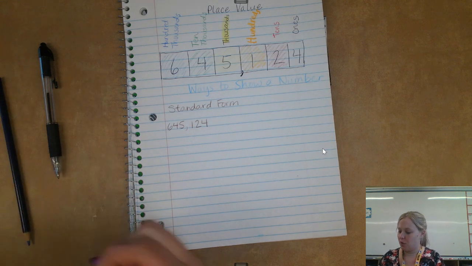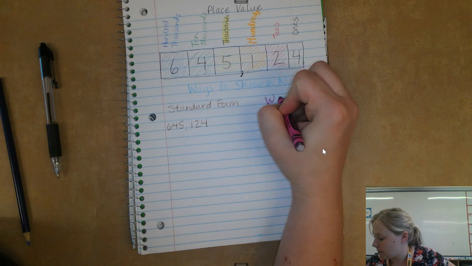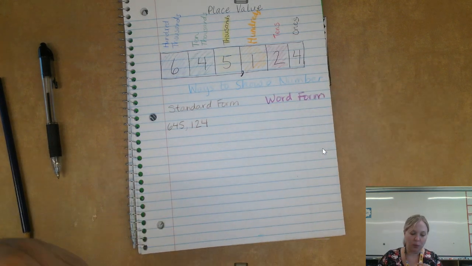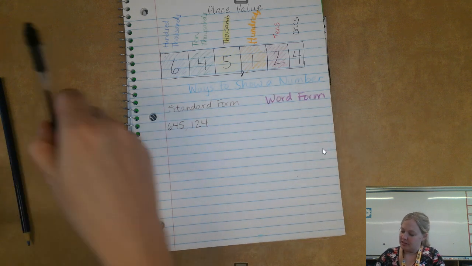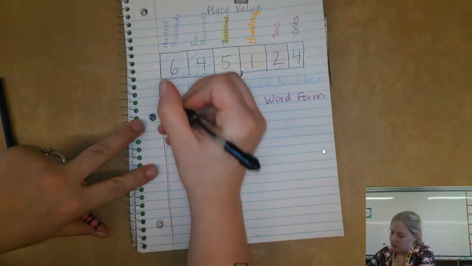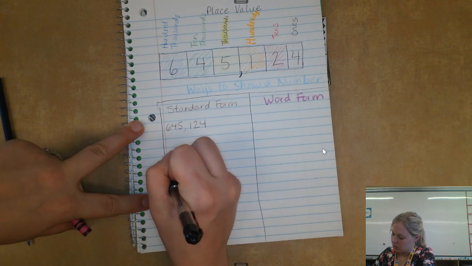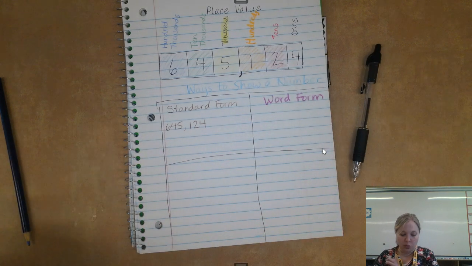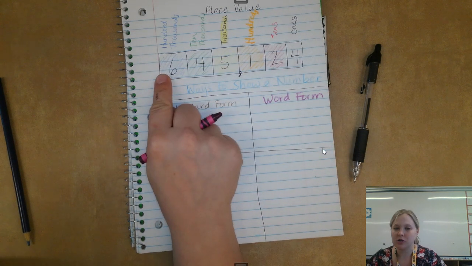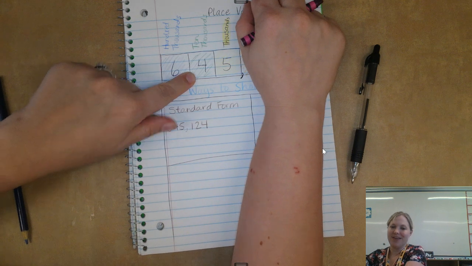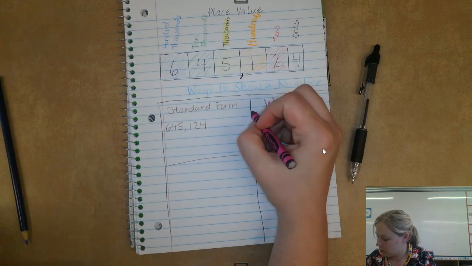The next type of form we have to show our numbers is word form. Let me separate these to help you see a little bit better. Look at this whole number right here, 645,124.